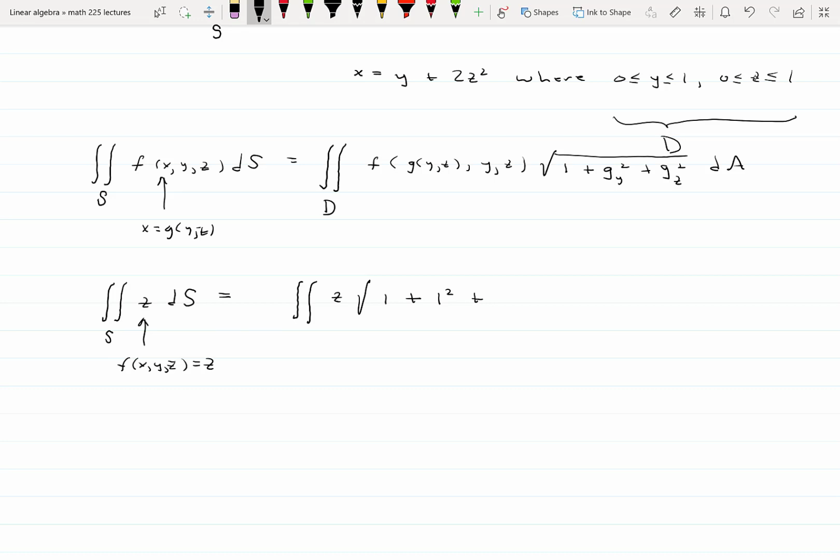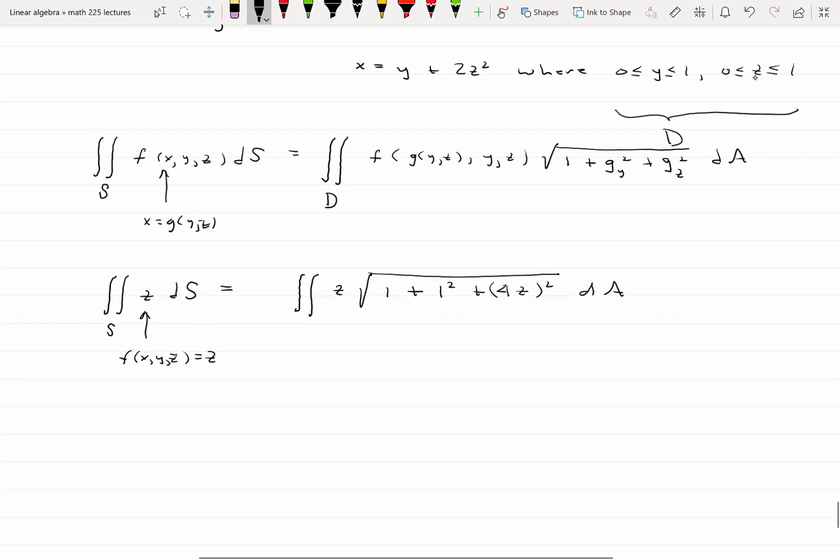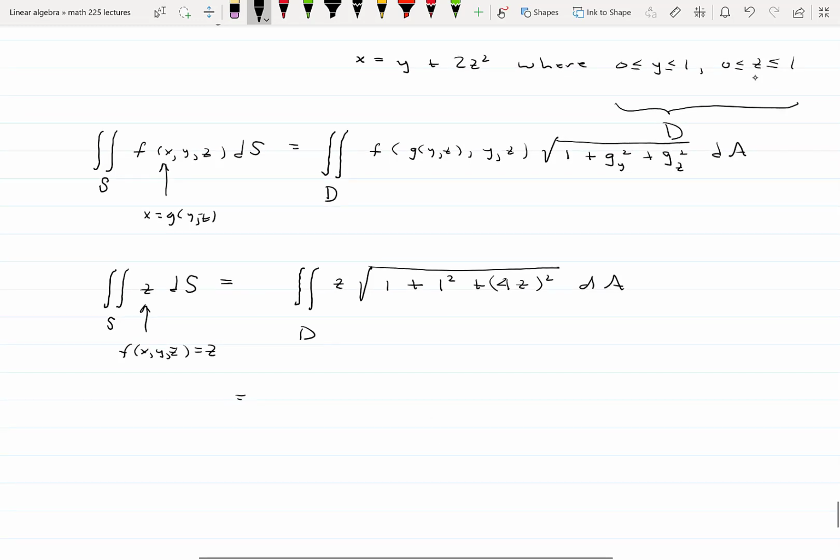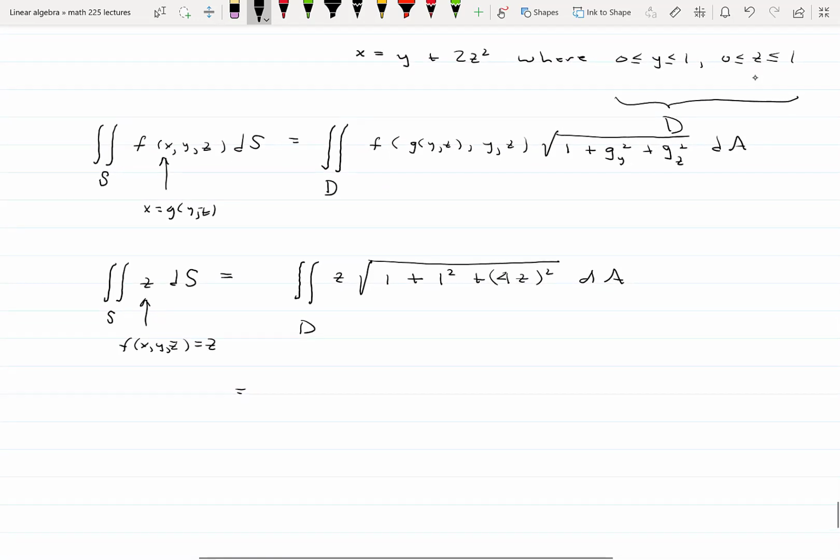The partial of x with respect to z would be 4z, squared. dA. And this is over the region D in the yz plane, where y goes from 0 to 1 and z goes from 0 to 1.